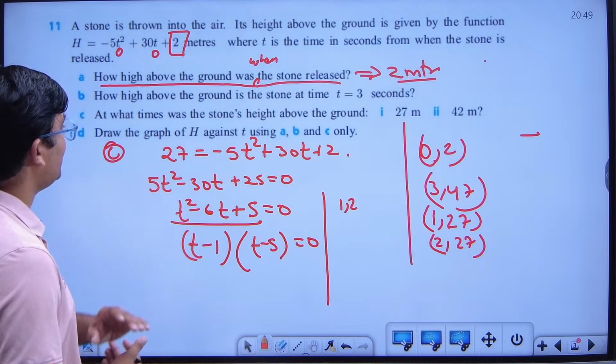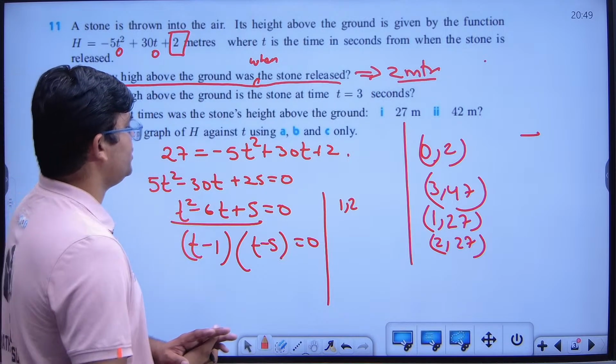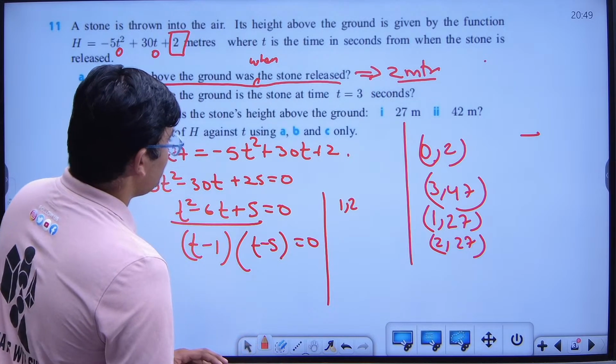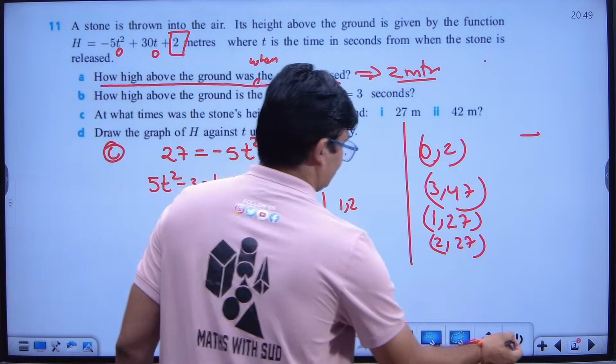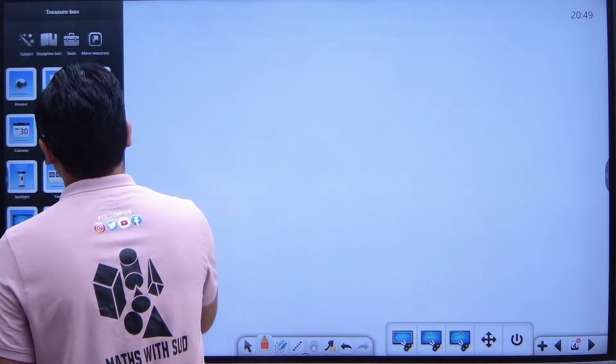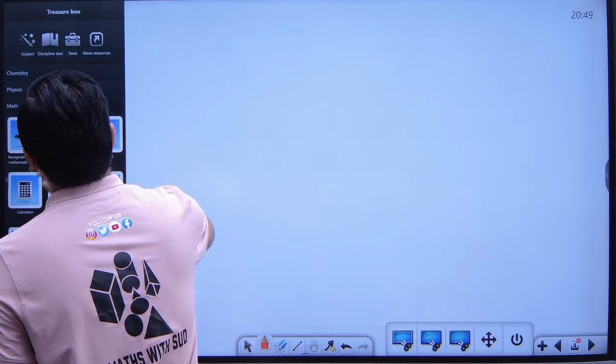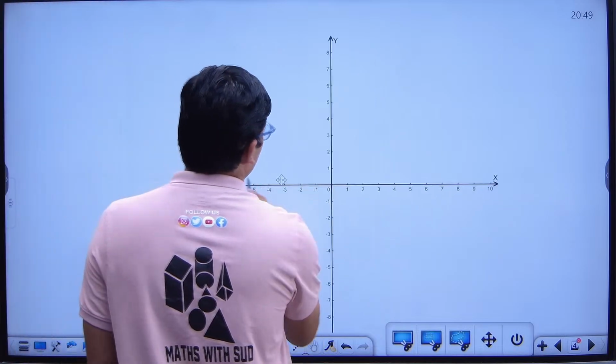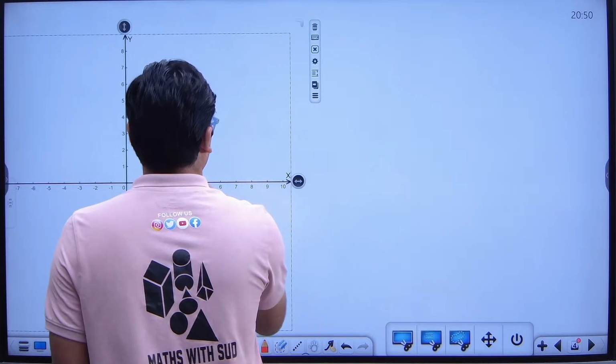Draw the graph of h against t using a, b and c only. So using a, b and c, that means they are strictly telling you not to draw anything else from that. Yeah.